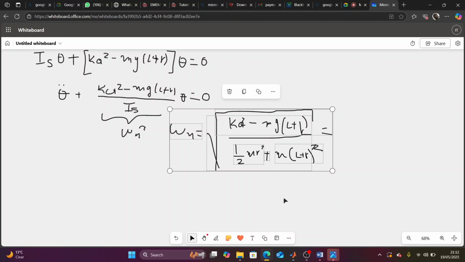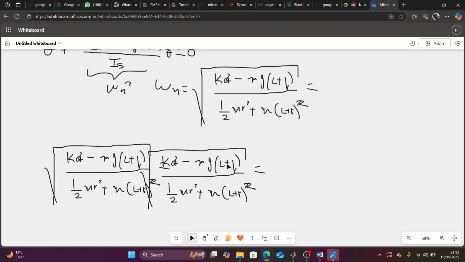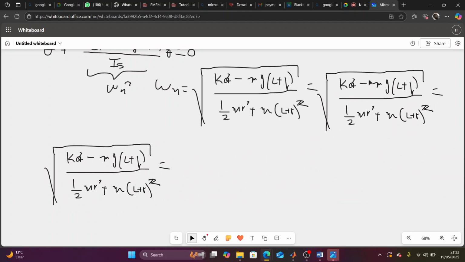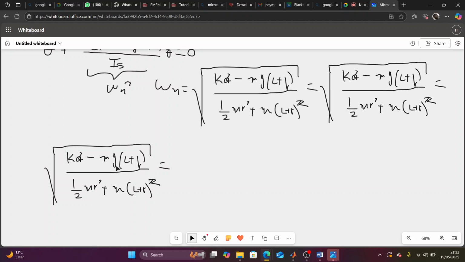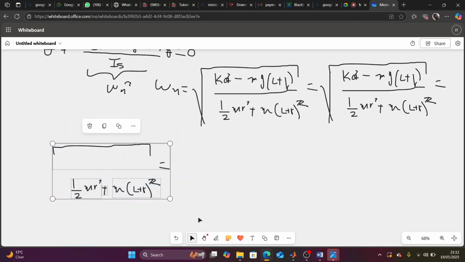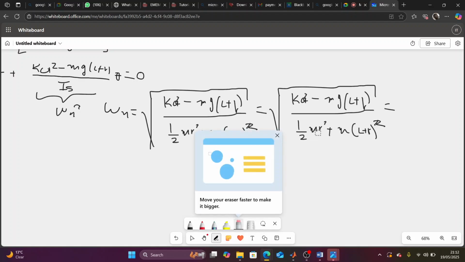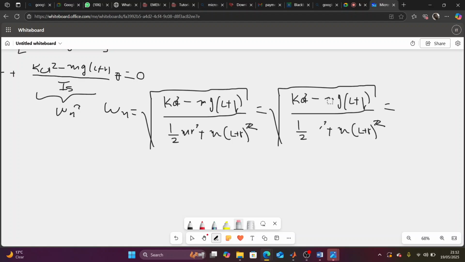Let me move it here like this and delete this one. If you substitute this m by 1, the m will disappear. This is the expression that you will simply have. Now you have solved for number 2.